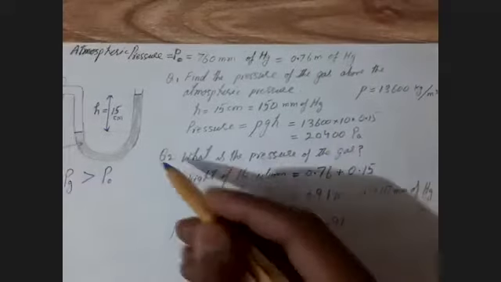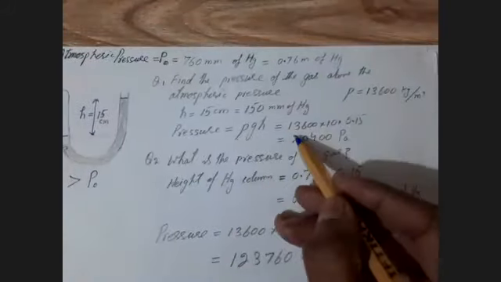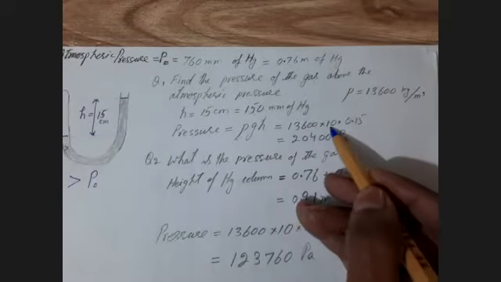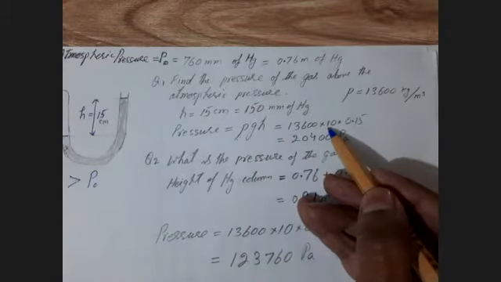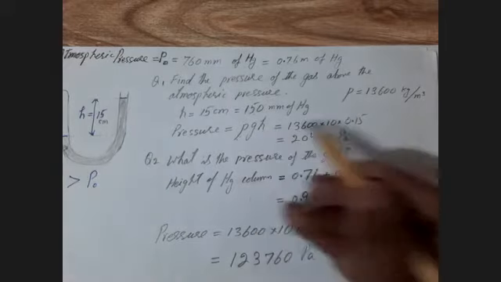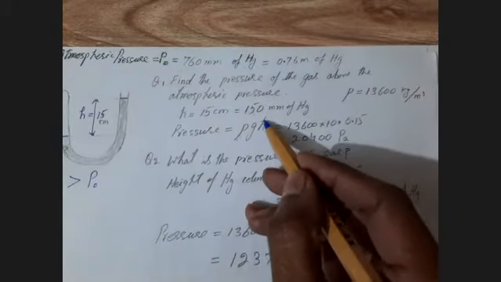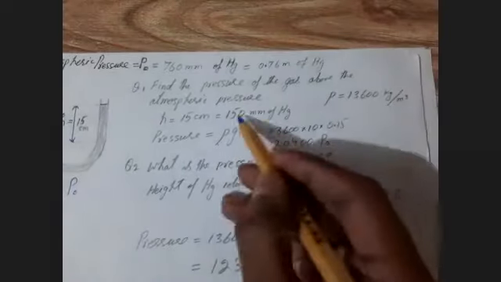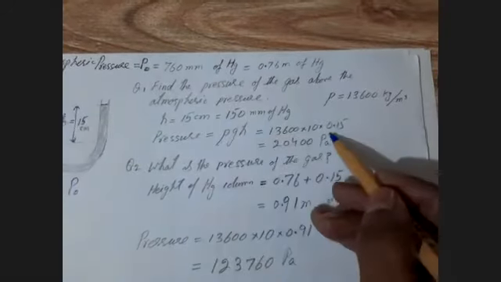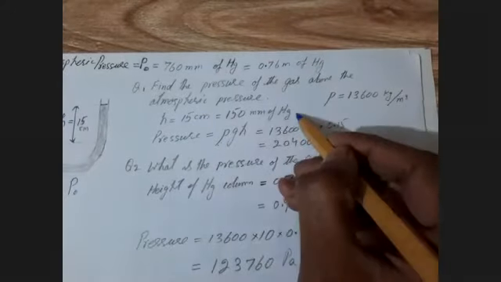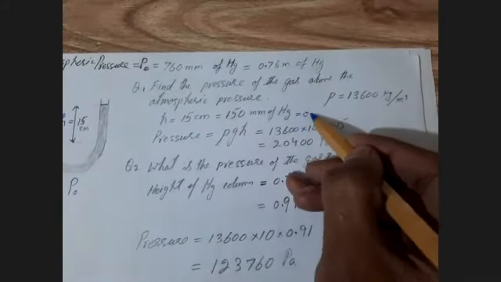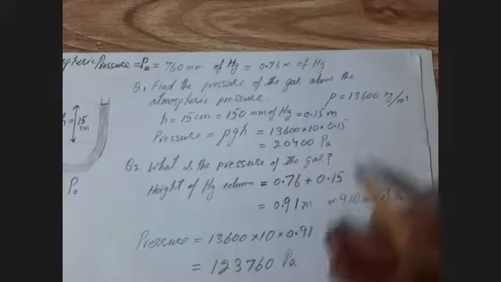So if you are going to find out the pressure above the atmospheric pressure, then 13,600 multiplied by the value of g. Value of g, I am taking 10. You can also take 9.8, but for the sake of convenience, I am taking 10. h is the height of the mercury column, which was 15 centimeter. Here it must be converted to meters, because 15 centimeter is equal to 0.15 meters.